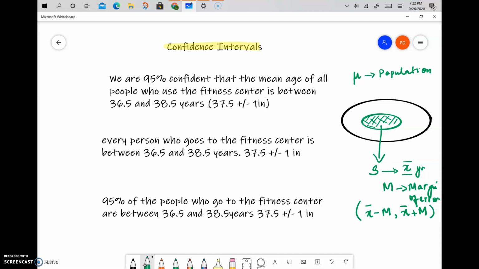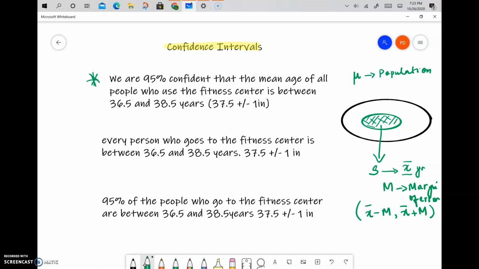Now, this is how we make the conclusion at the end of the problem. Let's read the first statement. This is the statement that we need to read first, and this is our final conclusive statement for our problem.